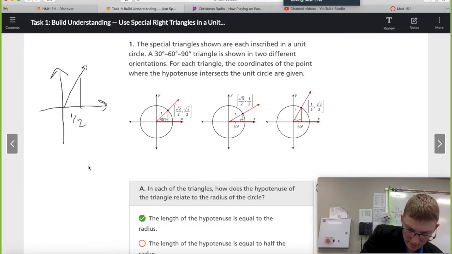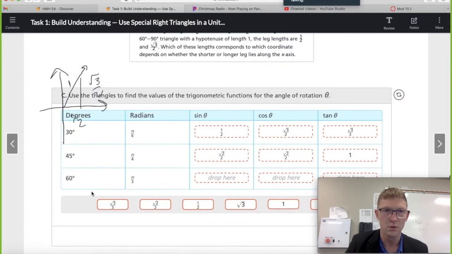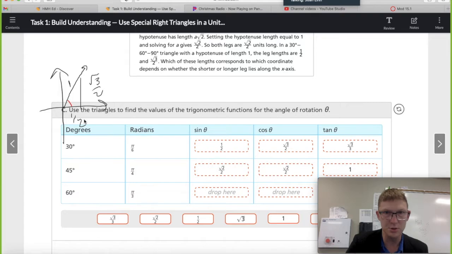Our y is square root of 3 over 2, and that is 1. So our sine is going to be our opposite over adjacent, so square root of 3 over 2.